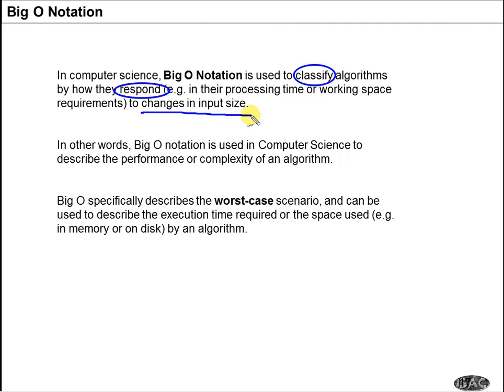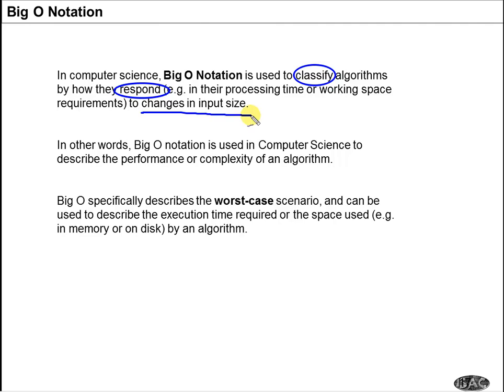Depending on how the input size increases, how long does it take? Is the execution time linear, or is it exponential? Is it square, a second order of execution? So depending on the input size, how the algorithm's processing time, or the working space or memory requirement, changes with the input size.